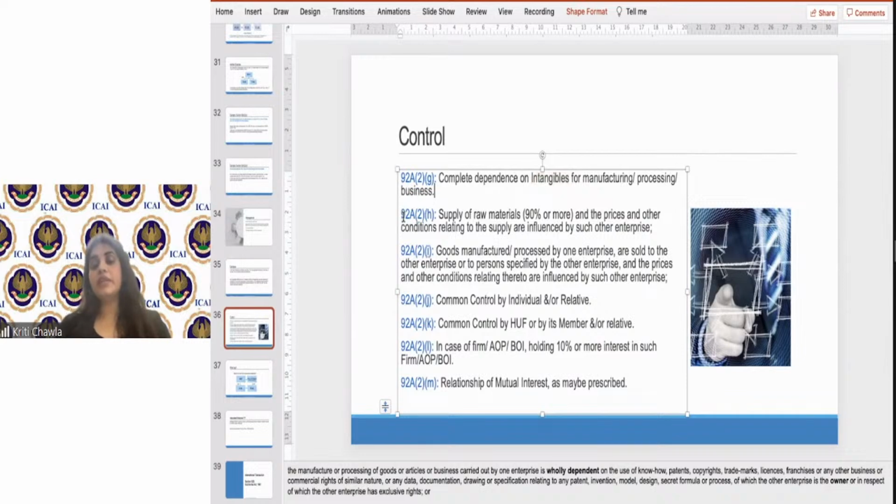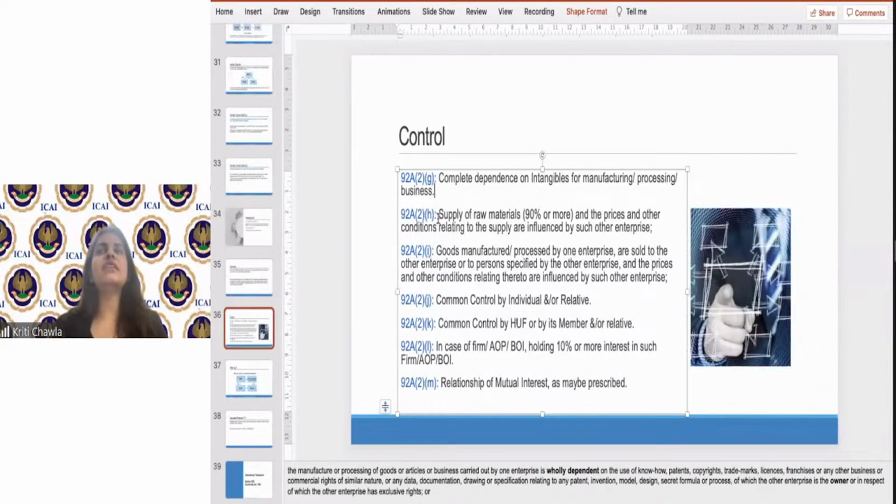Now, section 92A2H says that if one company is supplying raw materials to the other company and the prices and other conditions relating to such supply are influenced by the other enterprise. That basically means that if one company is supplying raw material to the other enterprise and this supply is 90% or more, so 90% of the raw materials procured by this enterprise are supplied by one enterprise, well, then they are related to each other.